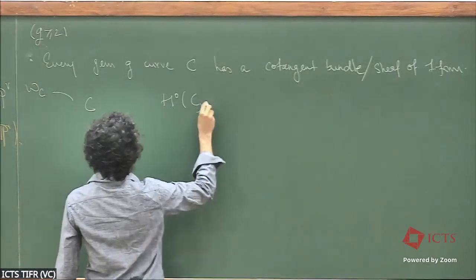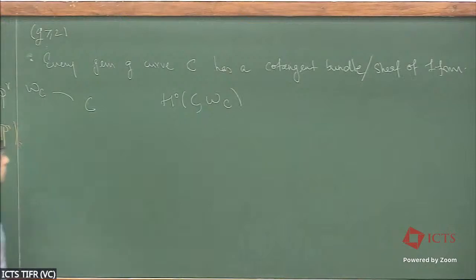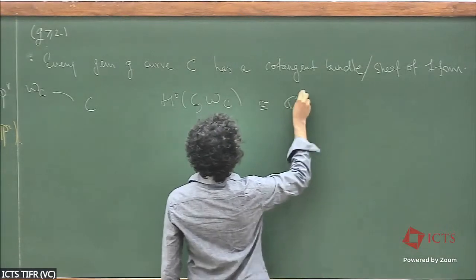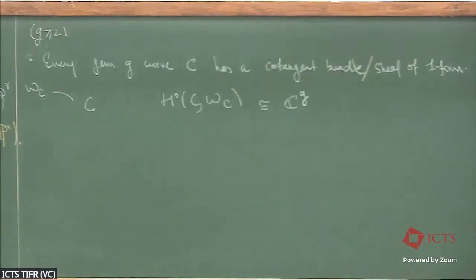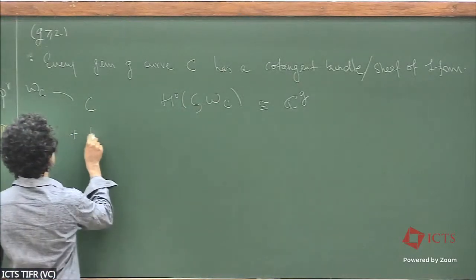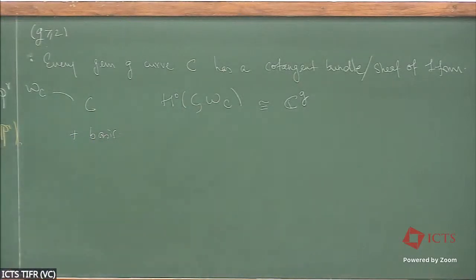So if I look at the space of globally defined one-forms, this is a g-dimensional vector space. And if I choose a basis for this vector space, then what you get is a basis of interesting one-forms on a curve, interesting differential forms on the curve.